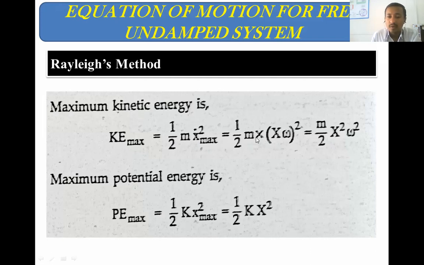So इसको अगर simplify किया तो half m into, so this is the into symbol, don't get confused, X square and omega square, and maximum potential energy means it is half k into x max square, so X, that is amplitude, square. ये दोनों x max and x dot max, so we have taken from the previous slide values. Okay, so these two values substitute in the equation, that is maximum kinetic energy is equal to maximum potential energy. ये दोनों equation को equate करने का, m/2 X square omega square is equal to half k X square.